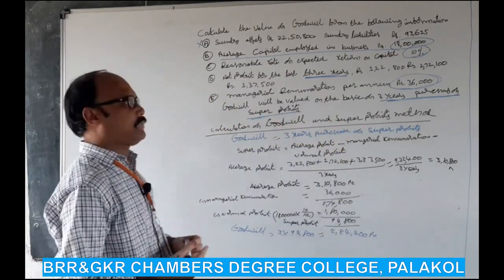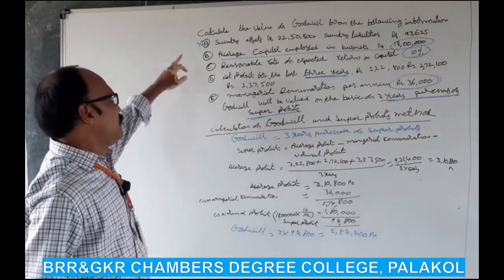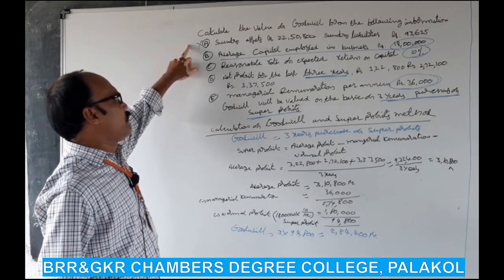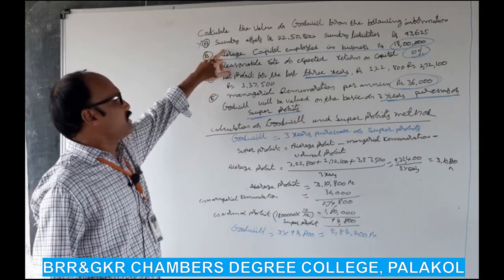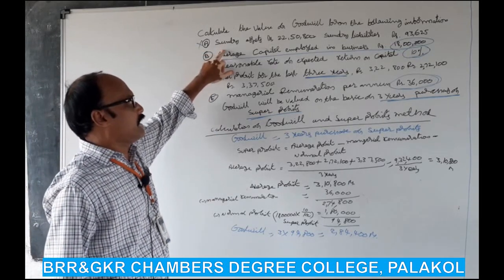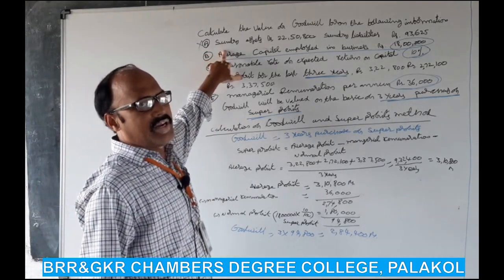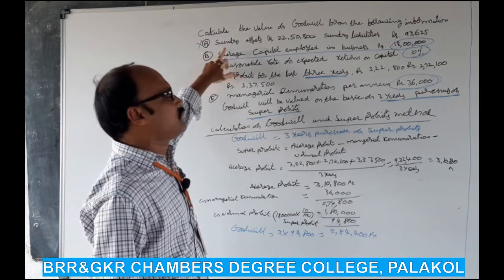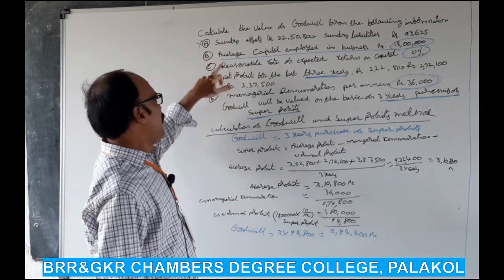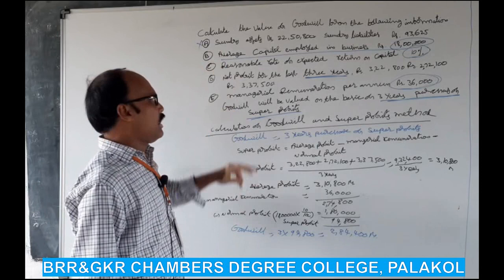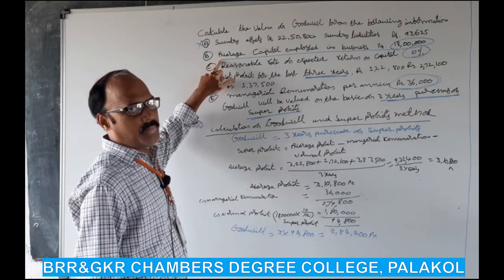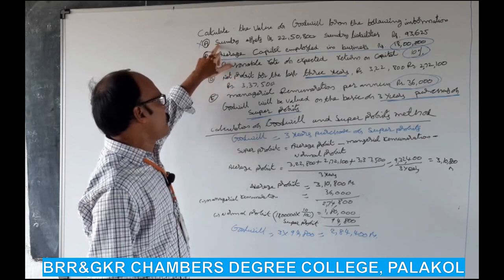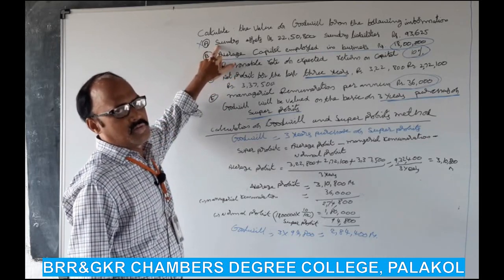Once again, calculate the value of goodwill from the following information. Sundry assets 22,50,800. Sundry liabilities 93,625. The average capital employed is directly available in the problem, so the first point is not essential.